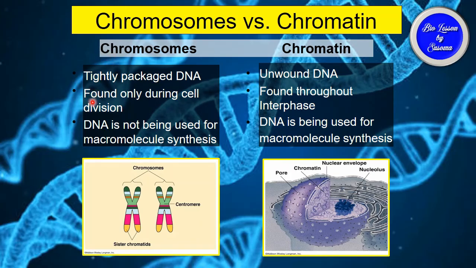The chromosomes are found only during cell division, whereas the chromatin are found throughout the interphase stage. In chromosomes, the DNA is not being used for macromolecule synthesis, whereas in chromatin, the DNA is being used for the macromolecule synthesis.